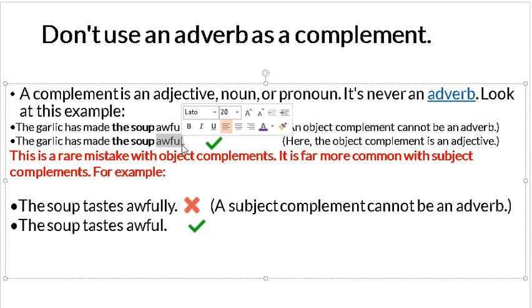Why is this right? Because this direct object, the soup, is receiving a complement, and the complement is an adjective. So awfully cannot be used, which is wrong, and we can't use an adverb as an object complement, but we can use an adjective as an object complement. So that's what we can say.